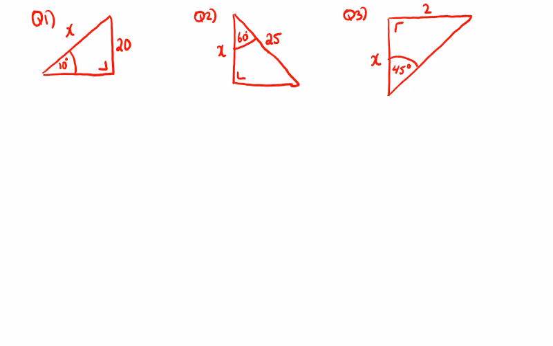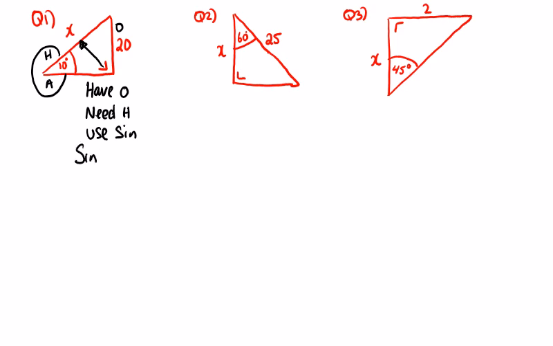So hopefully you made a good effort at these. First question I said was going to be sine. Label your triangle. H and A touch off the angle, where H is opposite the right angle. O is the other side. So we have O and we need H. So we use sine.